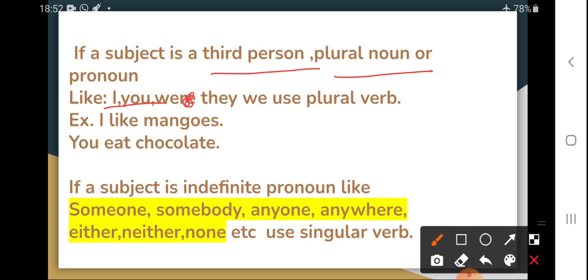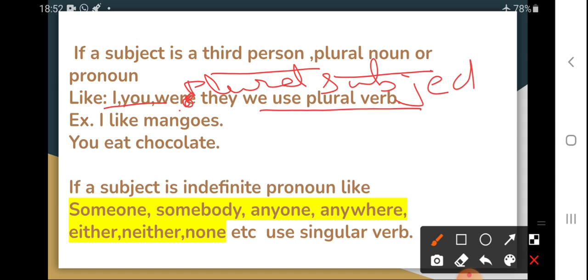If your subject is I, you, we or they, we use a plural verb. I, you, we and they are called the plural subjects and so we provide them plural verbs. Example, I like. We never write I likes, you eats. They are considered plural and we provide a plural verb to them.